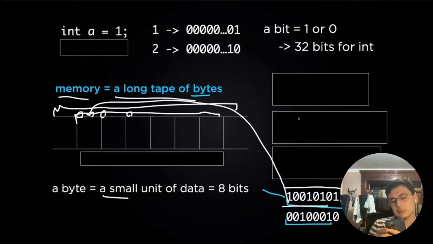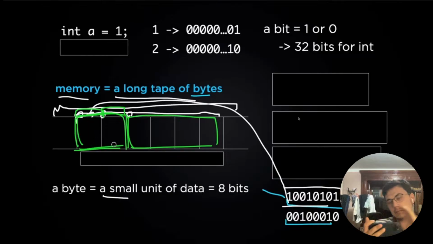Now your computer needs a way to find any particular byte very easily, and you want to be able to do that because you want to be able to do things like store 2 bytes in these 2 compartments and then store 4 bytes right after that, and maybe retrieve 2 bytes from the first 2 compartments.